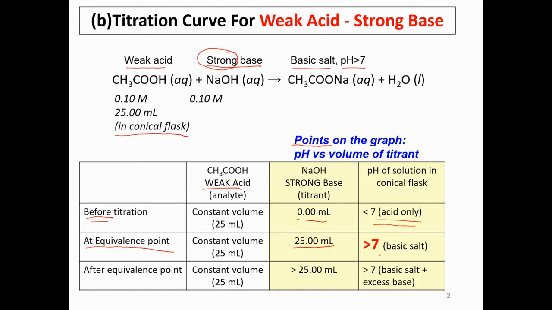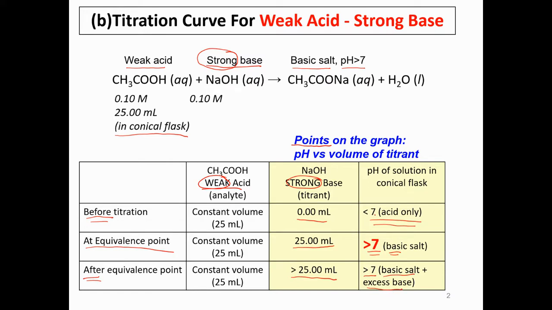Then the pH is more than 7, not equal to 7, because this is a basic salt when weak acid reacts with strong base. After the equivalence point, our titrant NaOH will be more than 25 ml. At this time, the pH is also more than 7. It will contain basic salt and also excess base.